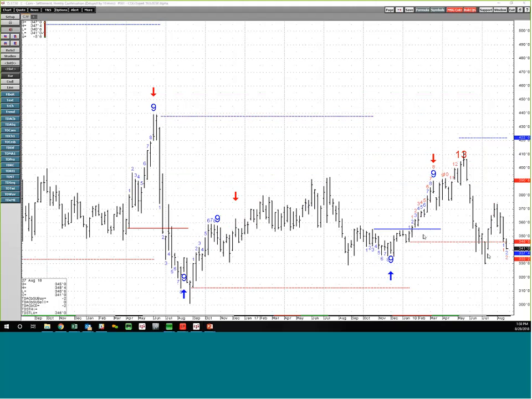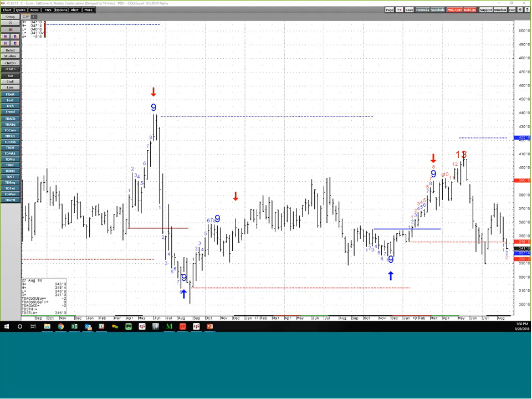If I wanted to have more indications rather than fewer indications, the aggressive variations of sequential and combo are going to potentially accelerate that countdown process to give us a 13 earlier than the standard or default versions might. If I was to look, for instance, at that aggressive combo here, we can see in this sharp run-up where the aggressive combo gave us this 13.